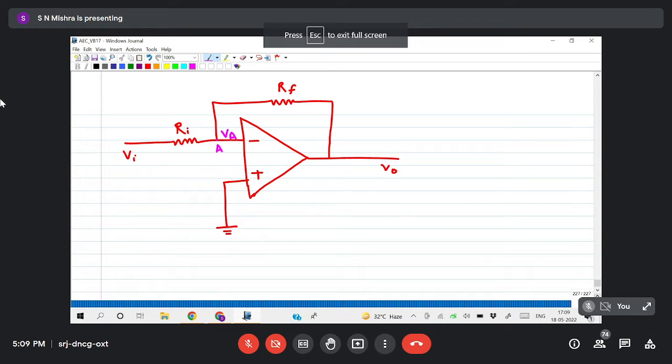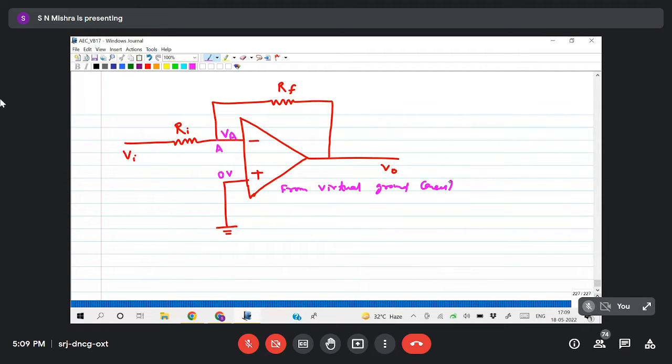The non-inverting terminal is grounded, so the voltage here is 0 volt. According to the virtual ground concept, if one terminal voltage is 0, the other terminal voltage will also be 0. So Va equals 0 volt.